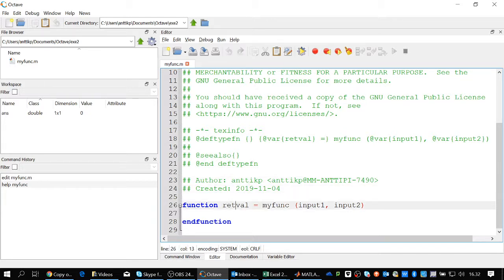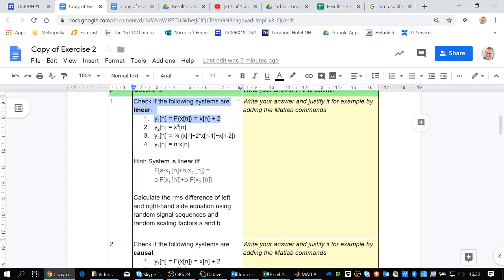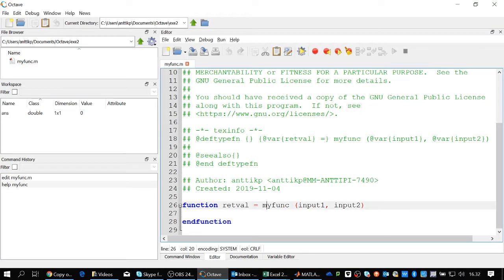Let me change this a little bit. So my first function actually is same as in here. Let's copy that one in here. Percent sign. I prefer percent sign as the starting of the comment.